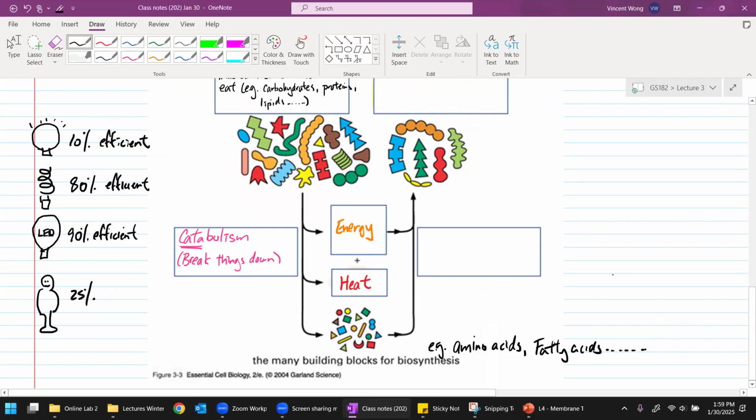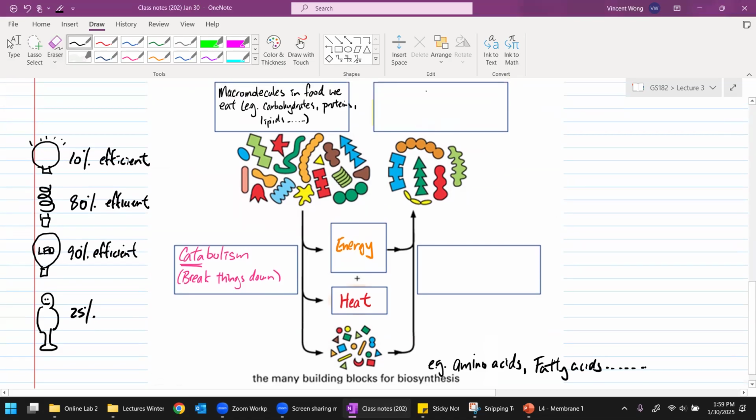And then your cells will use these building blocks to build molecules that you need in the body. These are macromolecules needed in our body. And to build them, we call it anabolism.